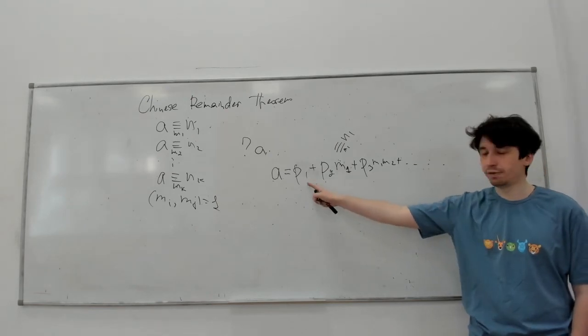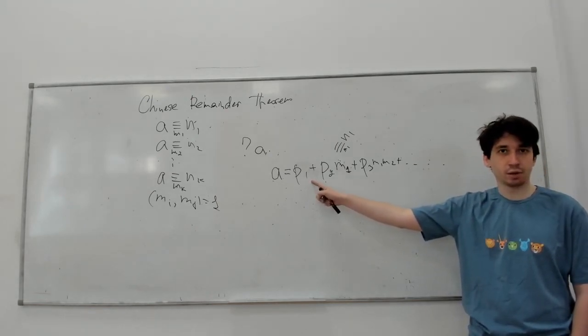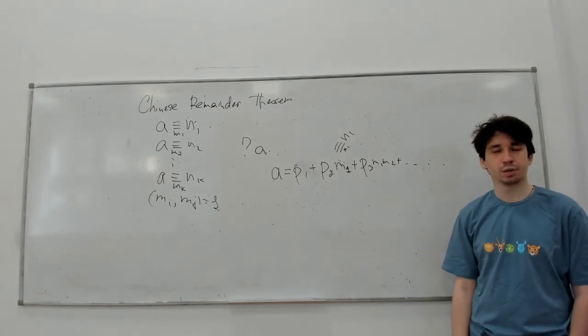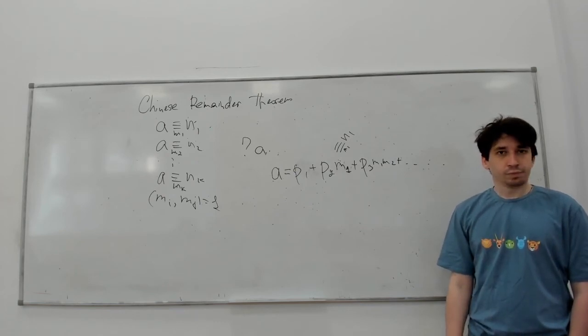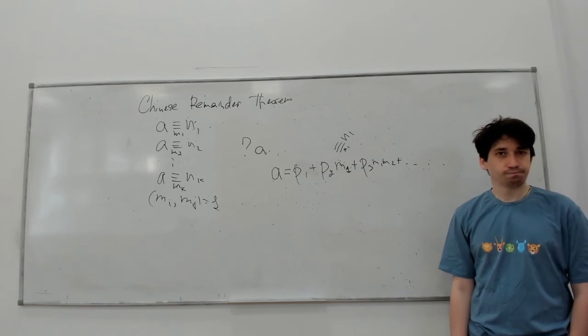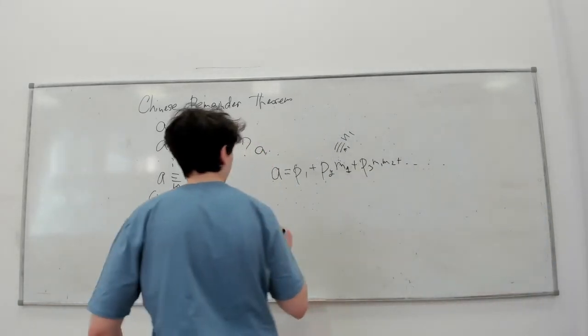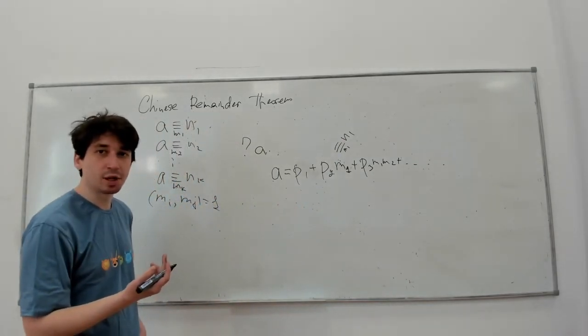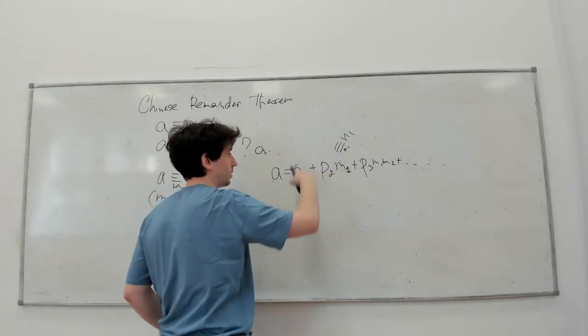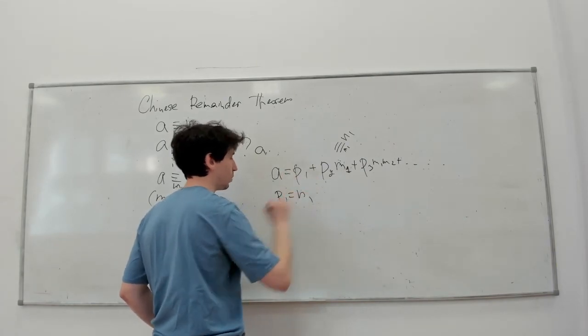The only thing that is not divisible by M1 is P1. So what is P1? Seems everybody is already tired. So P1 is simply N1, because you want this to be N1.